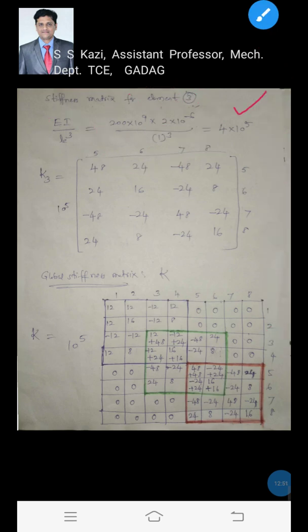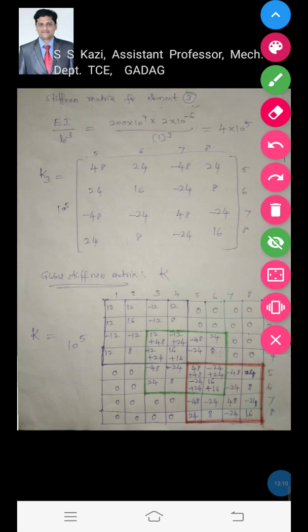Okay, now 4 into 10 raised to 5: I will keep 10 raised to 5 the same common outside, as in element 2 and element 1, and inside, this term 4 you have to take inside. That means all these 16 terms have to be multiplied by 4.